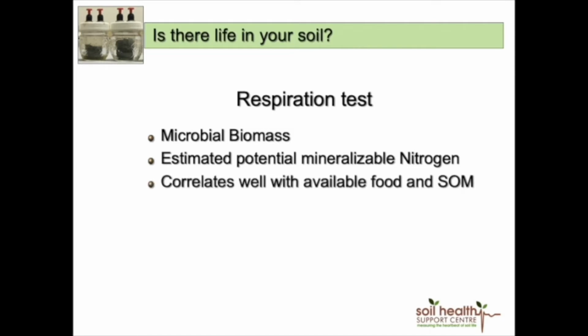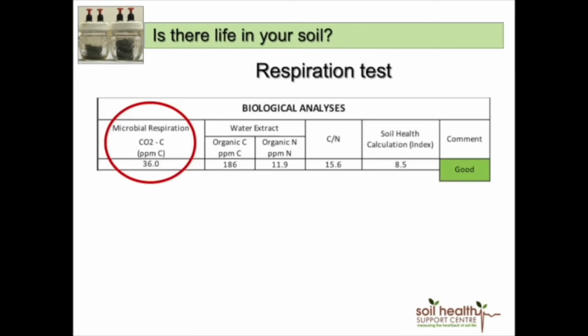This number also correlates very well with the food that's available for microbes and with soil organic matter numbers. It's a very straightforward test in that a higher number indicates more fertile soil. This test is more focused on the bacterial populations because they are big role players in converting organic nitrogen into inorganic nitrogen that can be used by the plant.